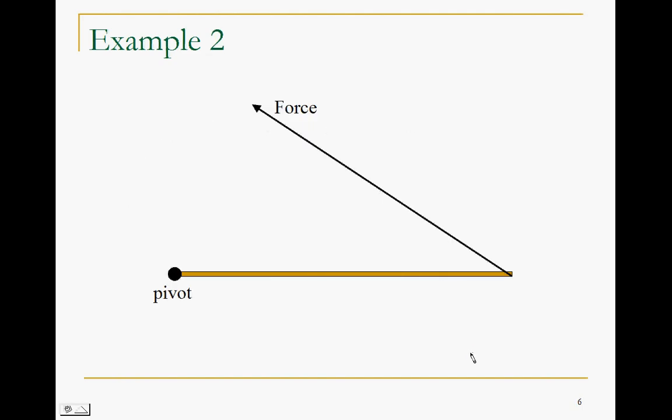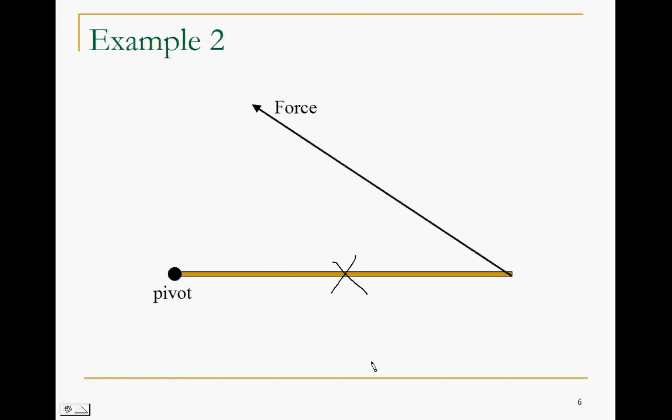Now let's take a look at example 2. In this case, I have a force which is slanted towards the up left about the pivot P. So now the question again is, how do we calculate the moment of this force? By identifying the correct perpendicular distance. Now take note, the perpendicular distance in this case is not the length of this supporting rod.